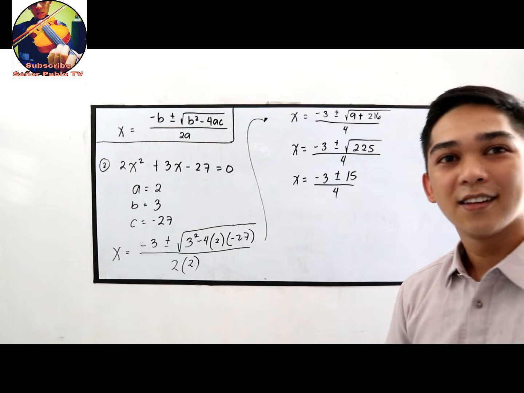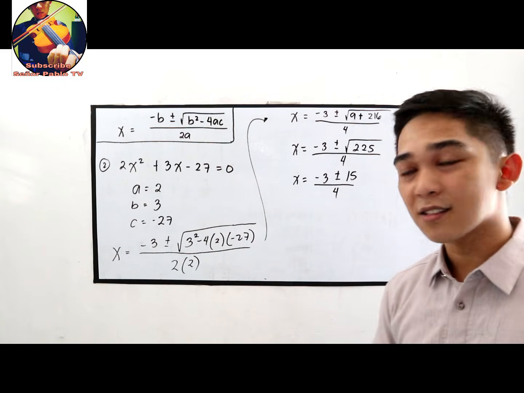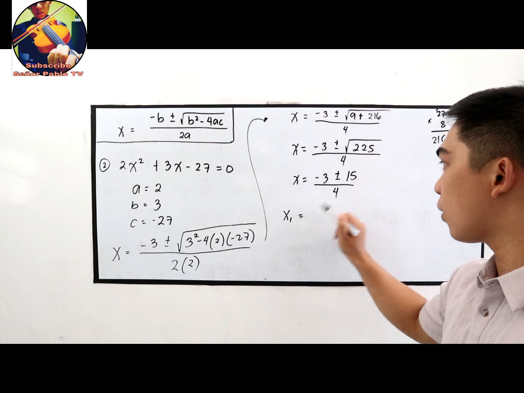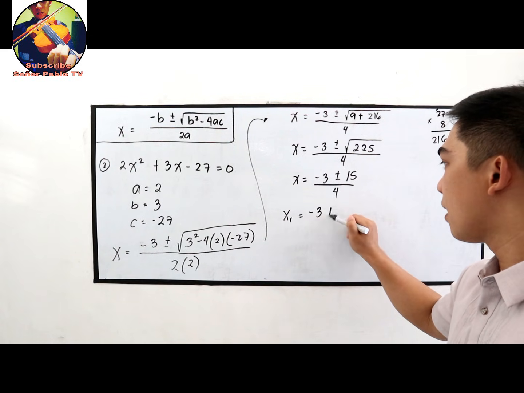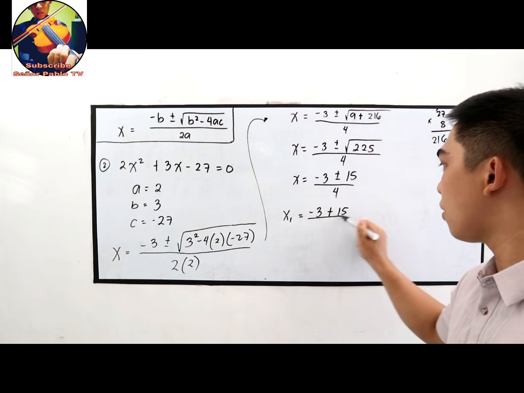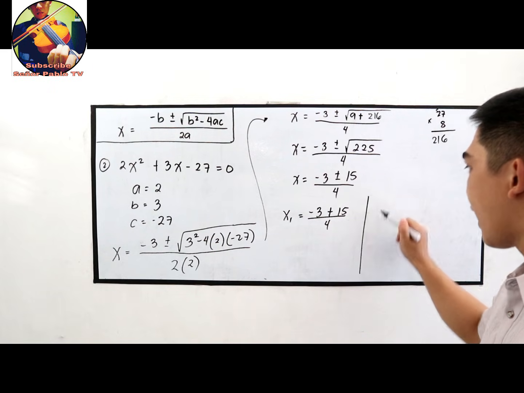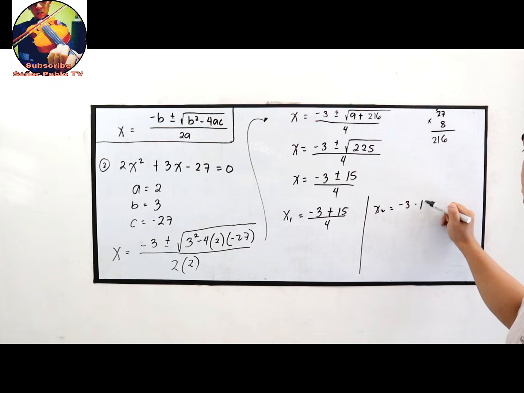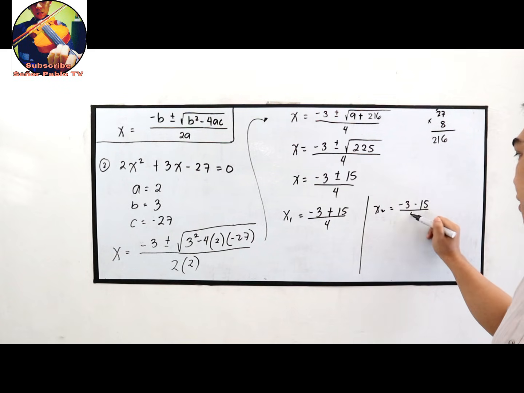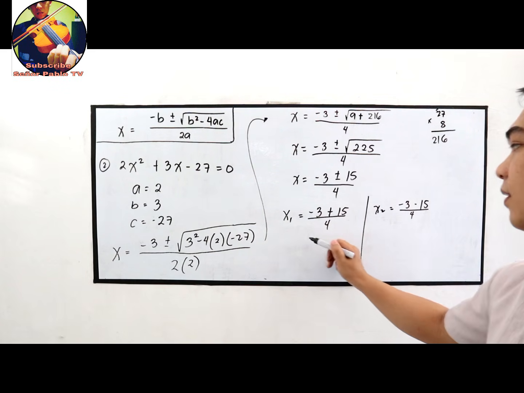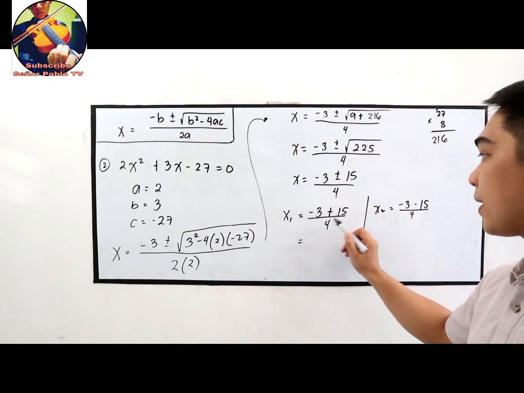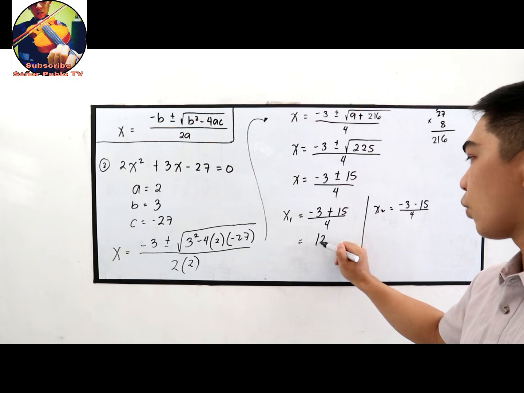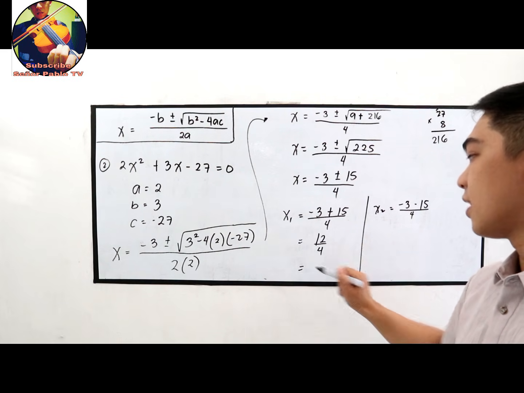Ayan. So, again, meron tayong two values for x. The positive and the negative. So, x of 1 is equal to negative 3 plus 15 over 4. And the x of 2, negative 3 minus 15 over 4. So, negative 3 plus 15, that is 12 over 4.